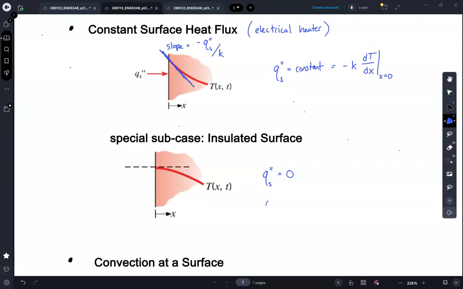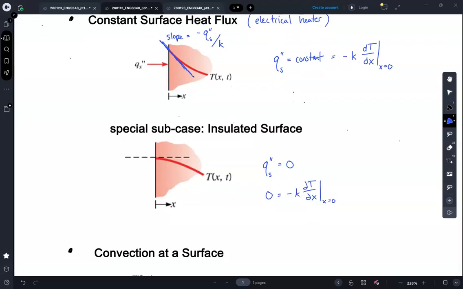So what this means is 0 equals minus k dT/dx, evaluated at x equals 0, or just the slope of the temperature is equal to 0, because we can just cancel out k.